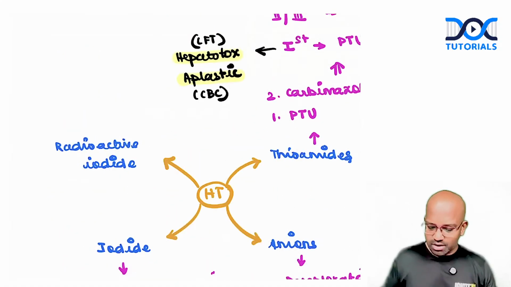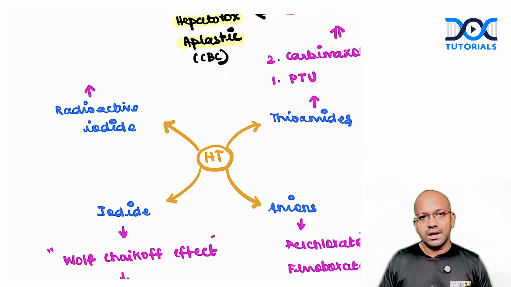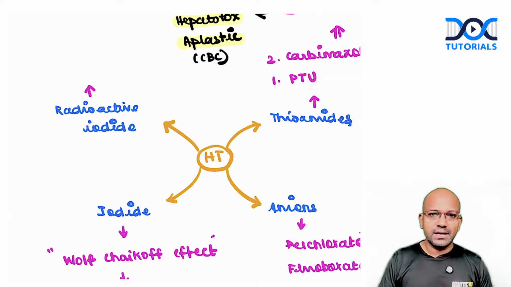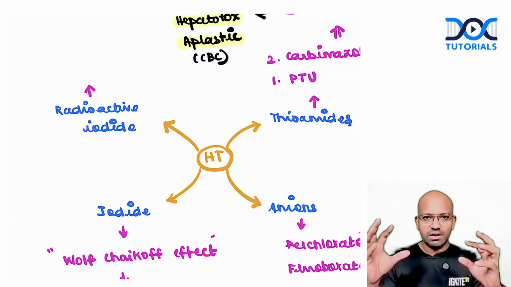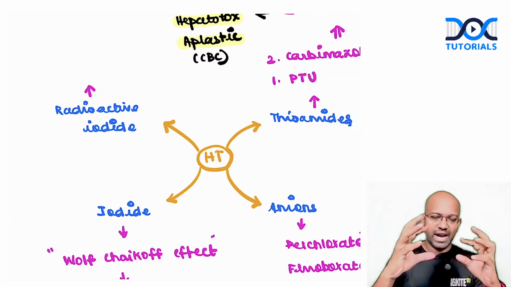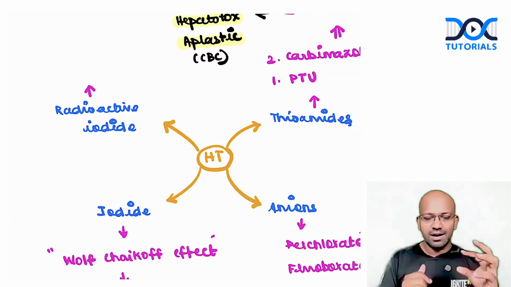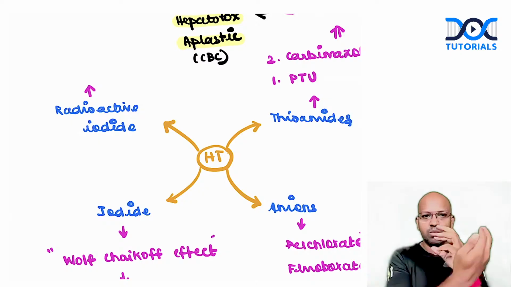What about the last one, radioactive iodide? What are the classical features of it? You would have seen a very famous movie called Troy, but even if you haven't, don't worry. There are two countries fighting with each other. The first country goes towards the second country and tries to gain entry and kill, but they can't because the country is protected by a big wall.